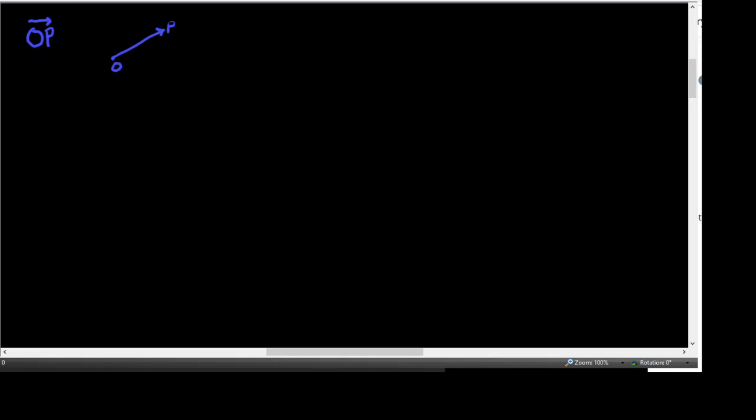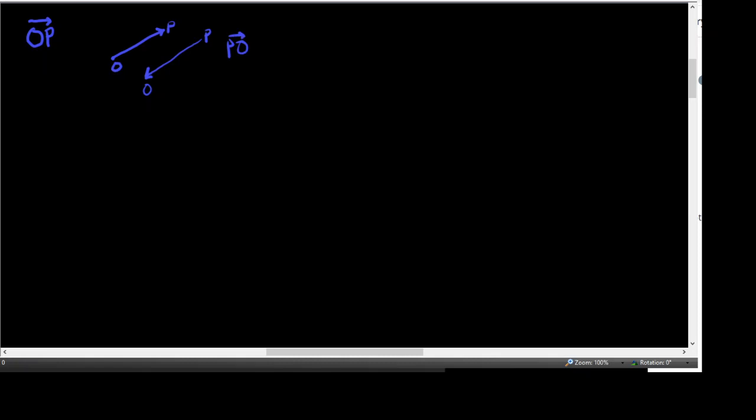The second letter P is called the terminal point. And there is the possibility of a vector that goes from P to O, but they are not the same. They have opposite directions. So if I can make this the same length, and it's supposed to be parallel, this one starts at P and ends at O, and so this would be vector PO.